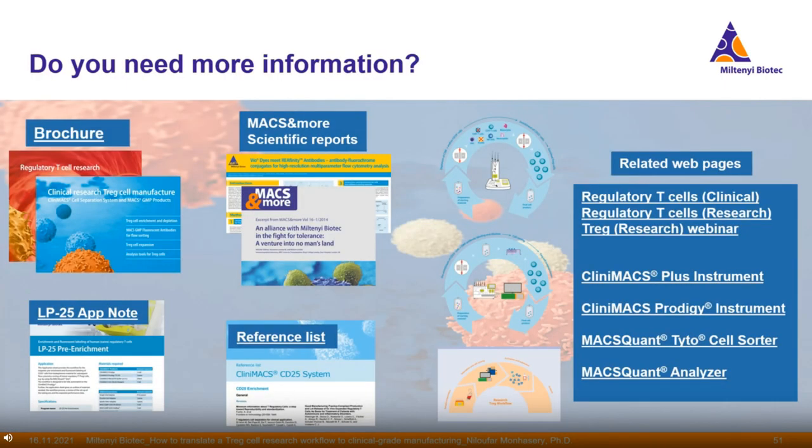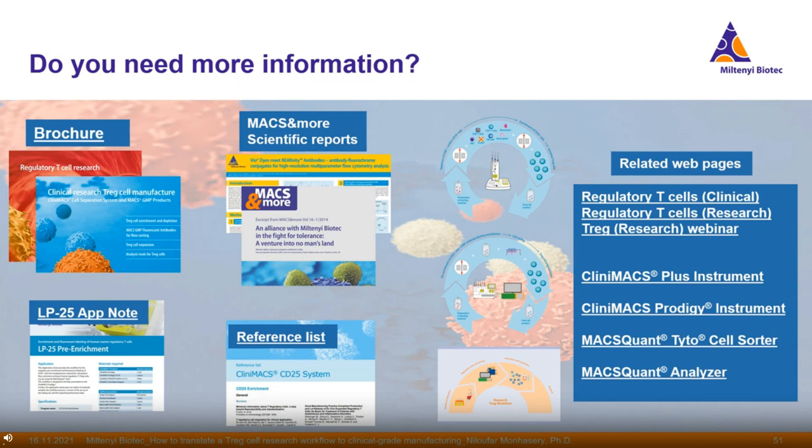If you need more information, on our webpage you can find our clinical and research brochures. We have different application notes, reference lists, different types of scientific posters, MACS and more, some customer reports, and you can have a look at the application pages for the research of regulatory T cells, clinical application of regulatory T cells, and get lots of information about the different devices that I was talking about during my talk.